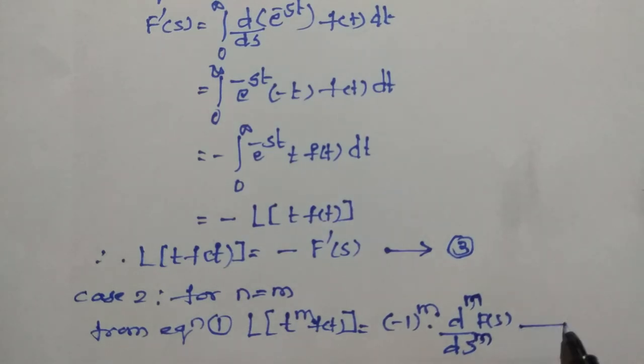Name this as equation 4. So it implies that the result is true for n equals m, so it verifies that the result is true.